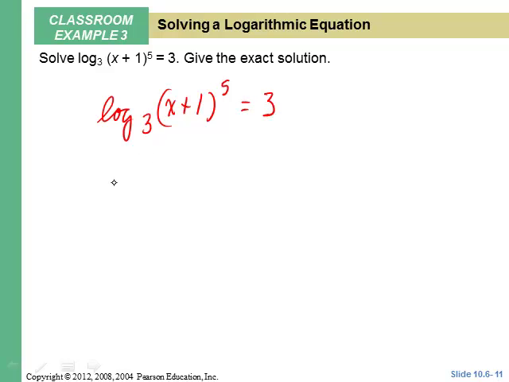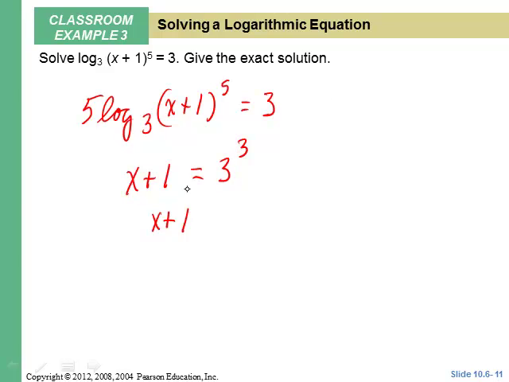We could rewrite that without the logs by saying x plus 1 is 3 to the third. X plus 1 is, sorry about that, 5 log base 3 of 3 is, let's see, how should we do this?